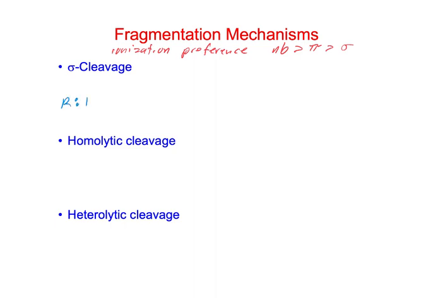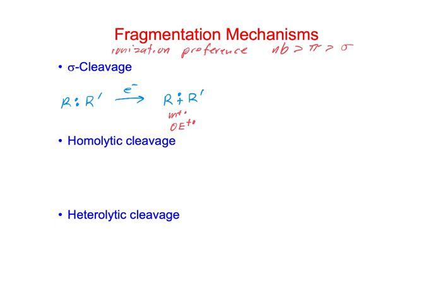If we have just some alkane like this with a sigma bond, we ionize it, we shoot it with electrons, and we form our molecular ion. This would be our molecular ion, and it's an odd electron ion.